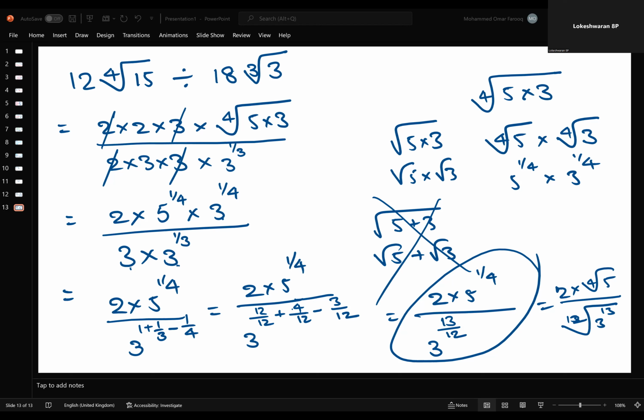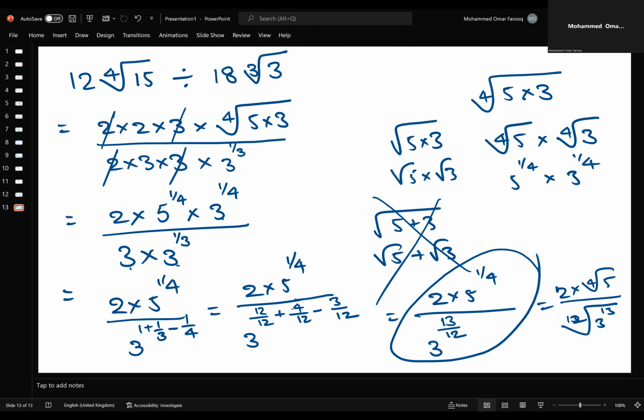Next, sir, what should we do if we have to find the value of root 2, root 3, root 5 and root 7? They are irrational numbers, and irrational numbers cannot be found out exactly. So in grade 9 you are supposed to learn them by heart till 3 places.